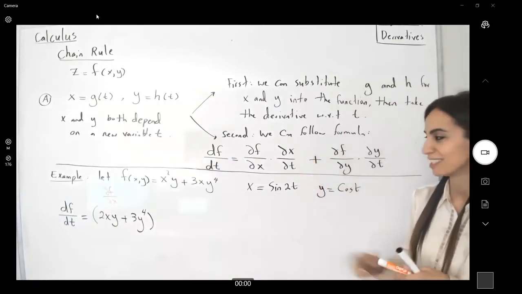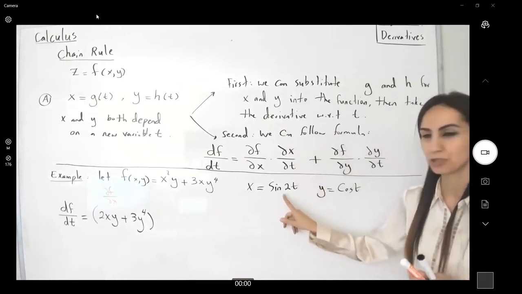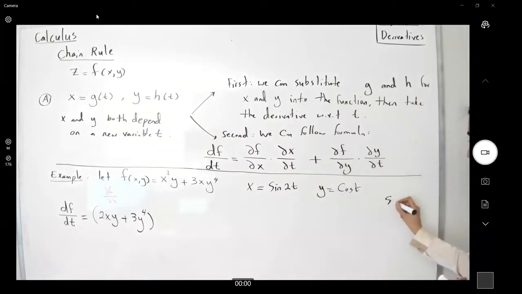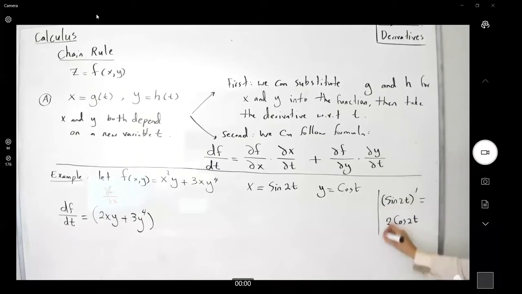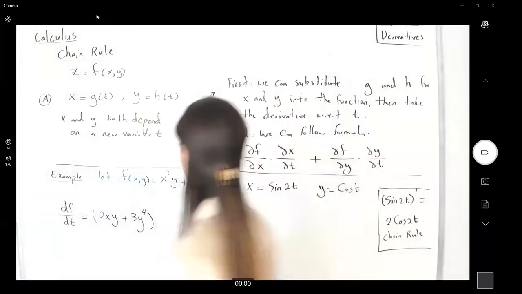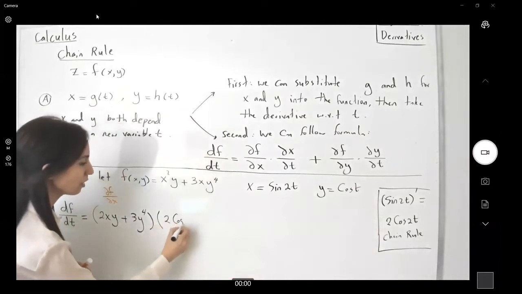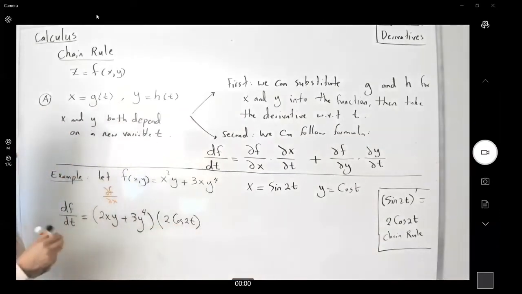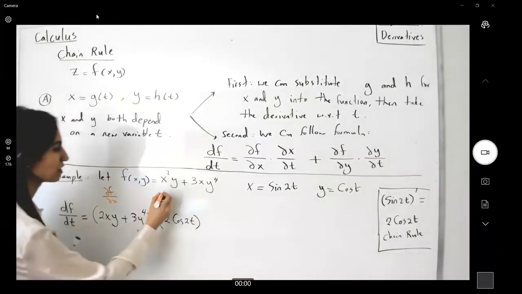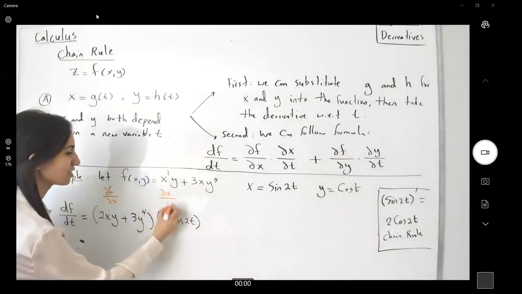Remember that the derivative of sine 2t is 2 cosine 2t. This is the chain rule that you learned in elementary calculus. So you multiply that by 2 cosine 2t, the partial derivative of x with respect to t.